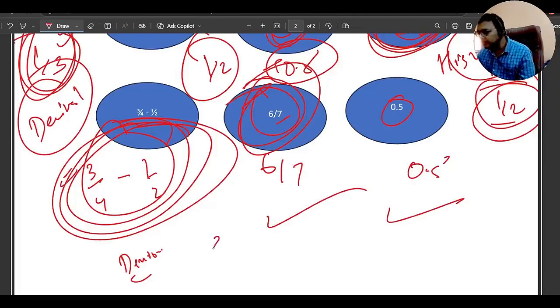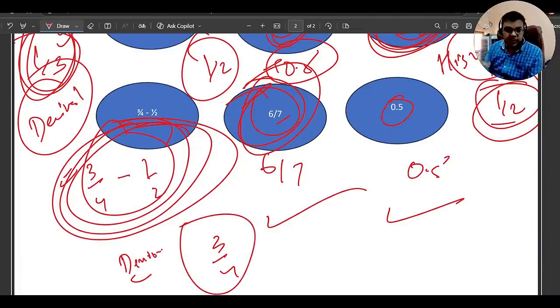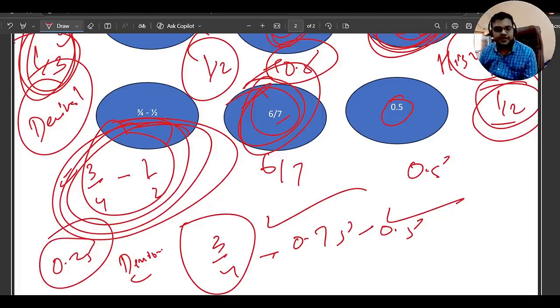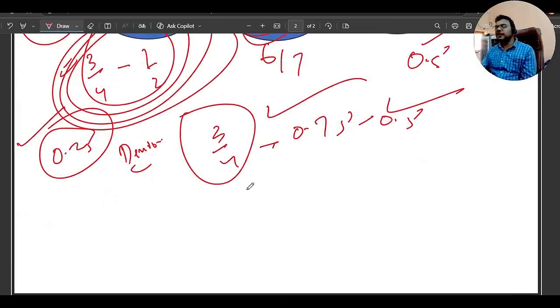Like 3 by 4, you don't need to calculate what the exact value is. If you remember it, that will be very good. So this is basically 0.75 minus 0.5, so it will be 0.25. So this is the smallest, then this is the bigger one, then this is the bigger one. So this kind of question you will be getting.